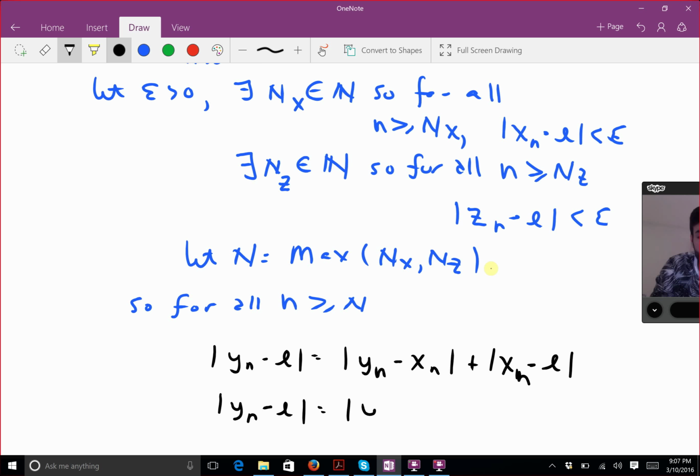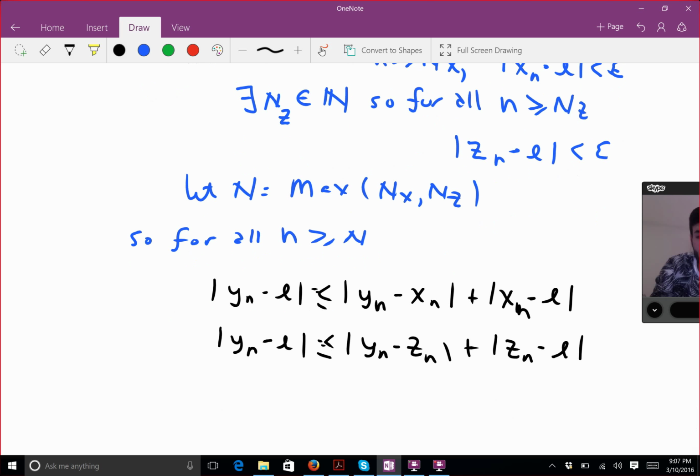I can also write this as less than or equal to, using the triangle inequality, |y_n - x_n| plus |z_n - L|. And now I can use the fact that these are each less than epsilon.